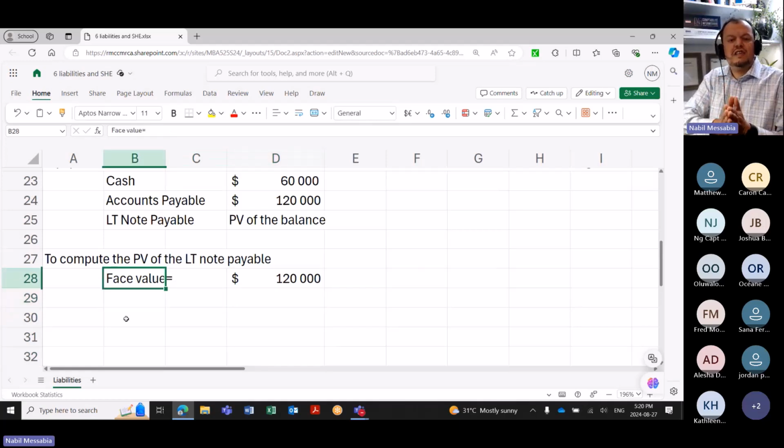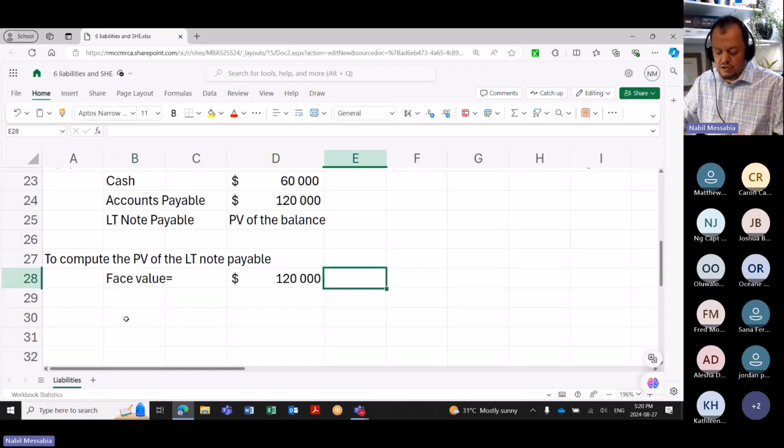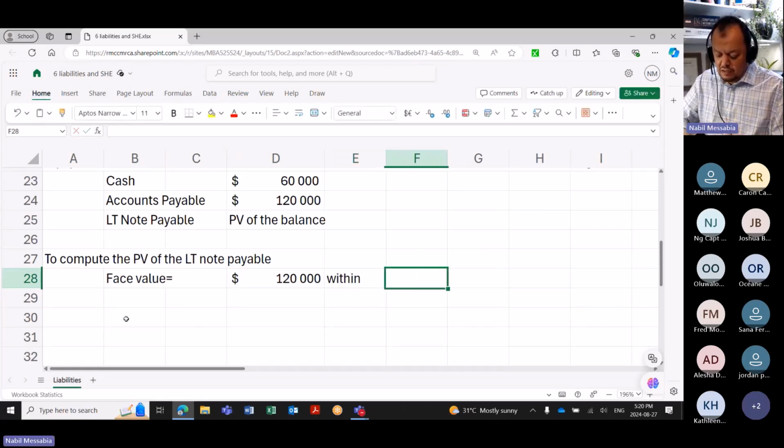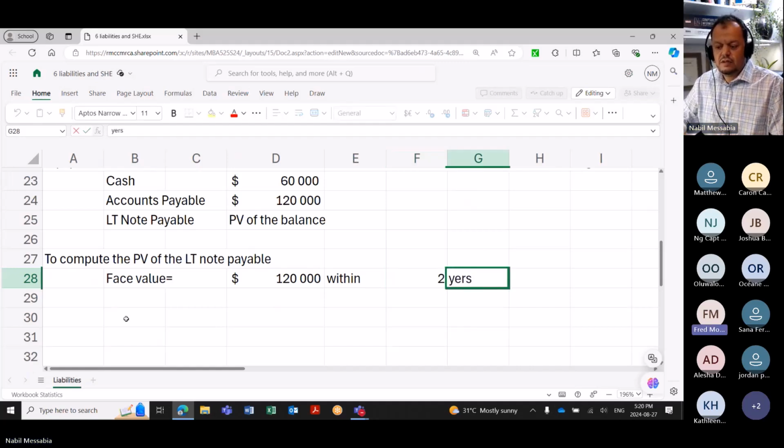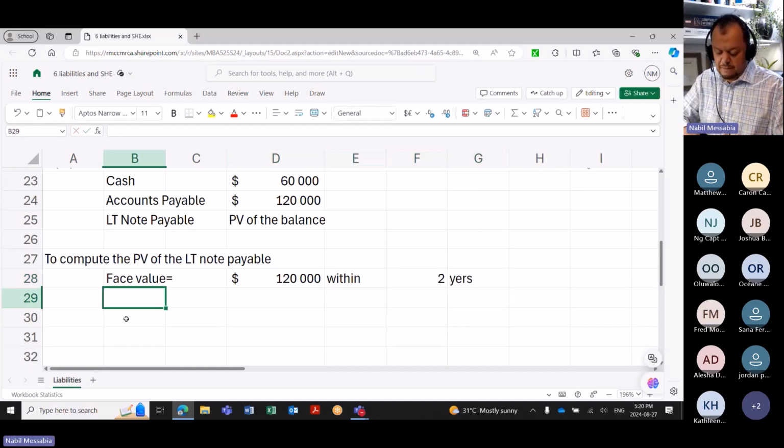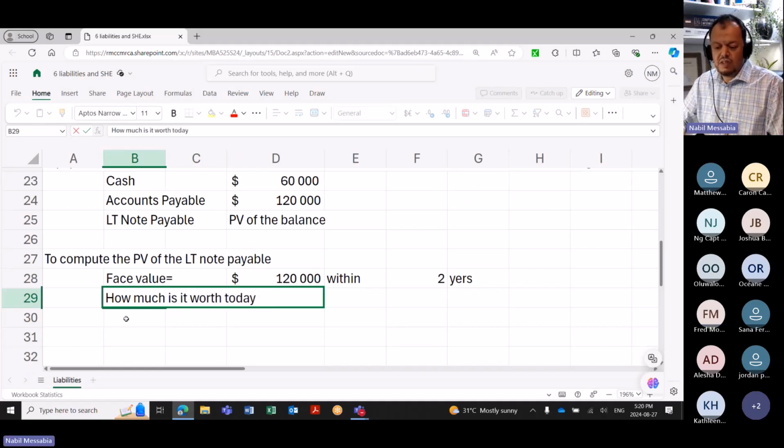And the question is, how much is $120,000 within n, in this case 2 years, worth today? That is what we mean by the present value.